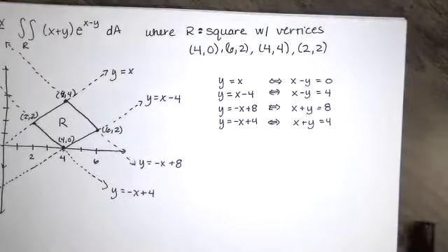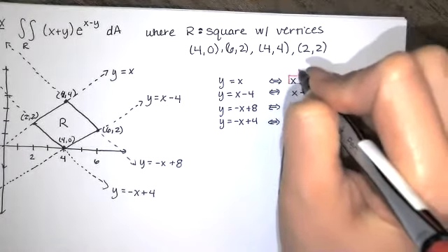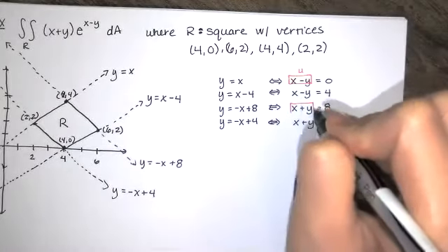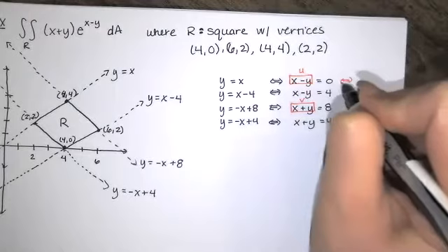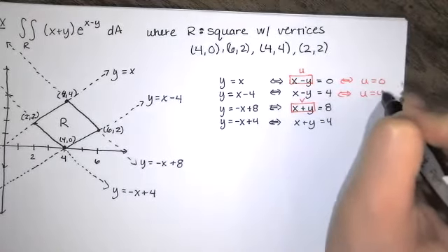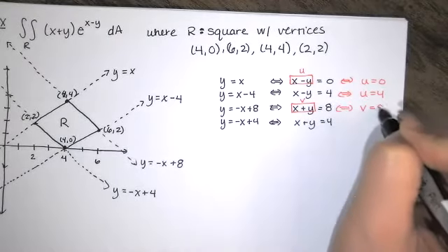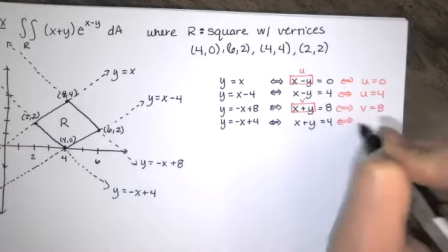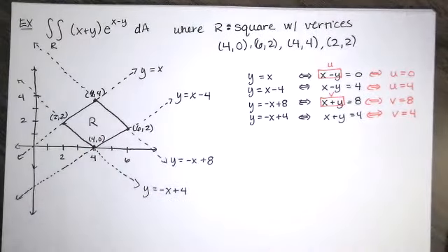So I can see if my u is x minus y and my v is x plus y, then this will become u equals 0, u equals 4. If this is my v, I've got v equals 8 and v equals 4. Now you might be saying to yourself, isn't it because it's a parallelogram?